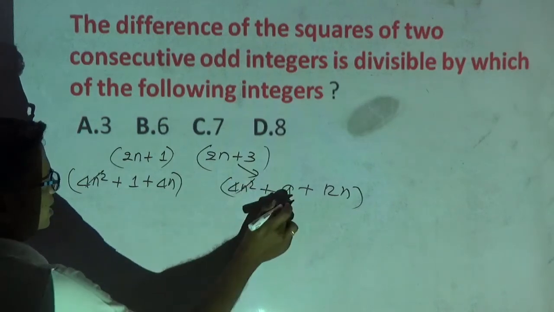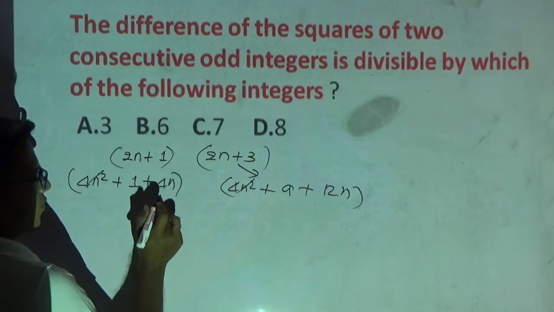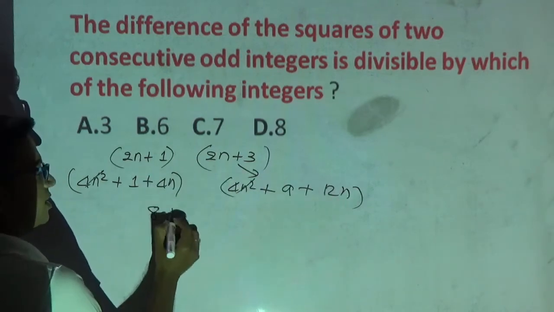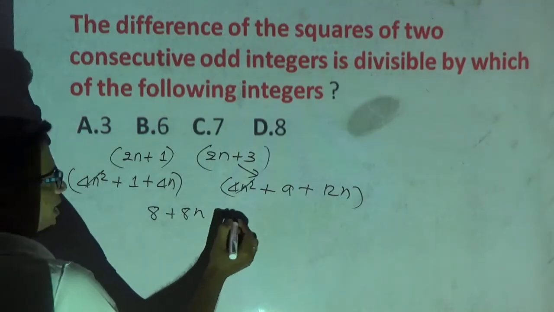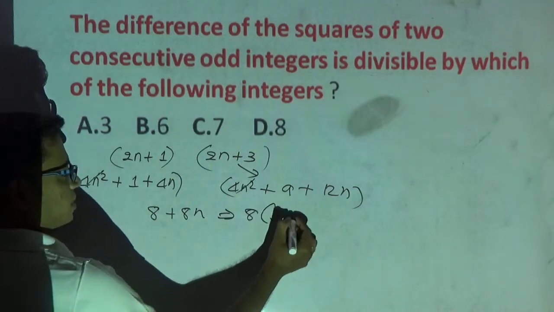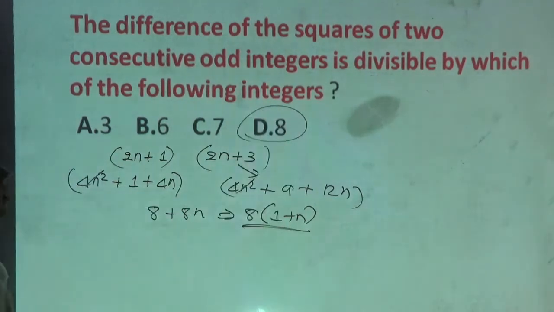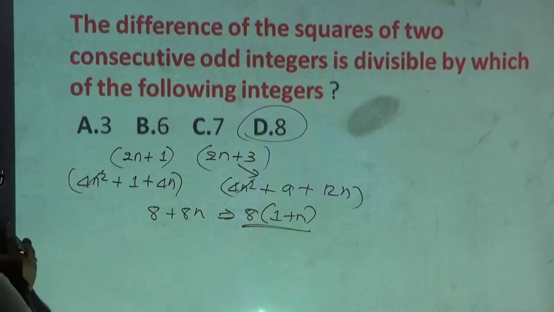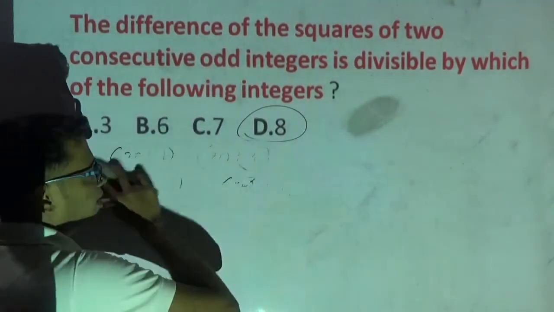Now 9 minus 1 is 8, and 12n minus 4n is 8n. Here what can I take common? 8 common, so 1 plus n. So this is divisible by 8. The answer for this question is 8. Very simple. I have shown you the same kind of problem for even numbers in the previous example.